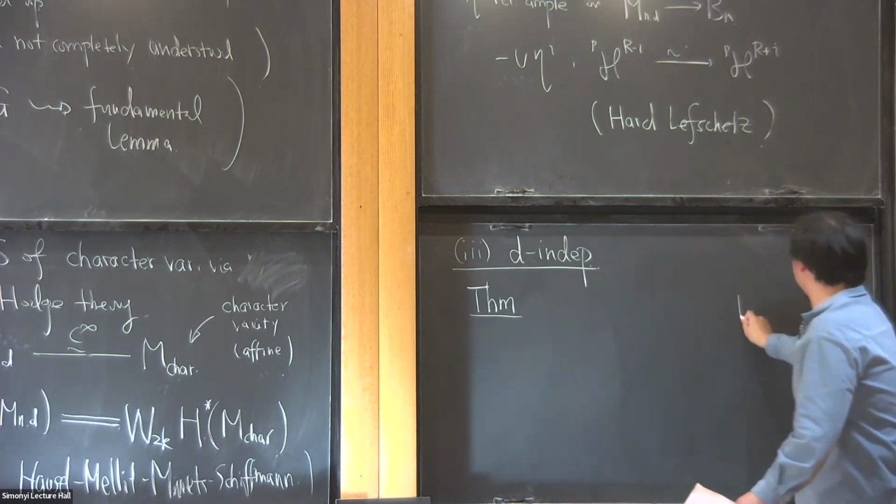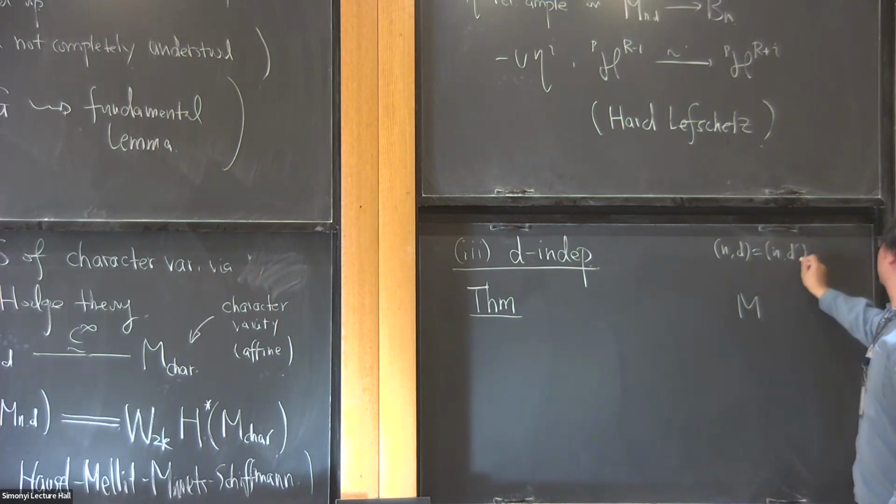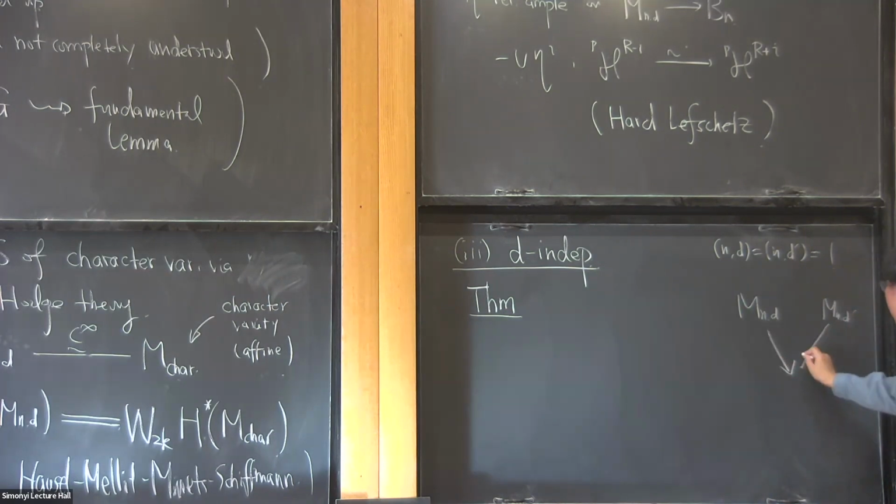So the picture is that if you consider two different D, then you have two Hitchin fibrations to the same base, which I write as F_D and F_D prime.